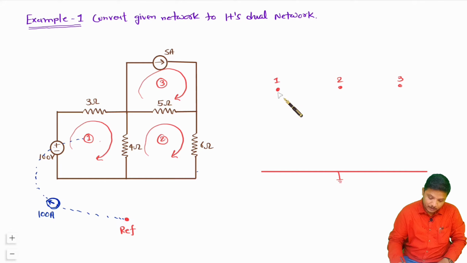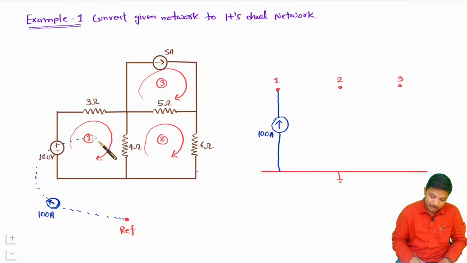So with respect to one node, we have a current source, you see I'm connecting it, and it is having upward direction. Why is it having upward direction? The reason is voltage polarity is from minus to plus with respect to this loop. So this will be in upward direction, and its value is 100 ampere. Now you see this 3 ohm resistor, that will be connected from node 1 to reference.